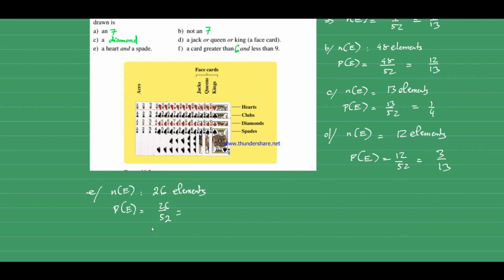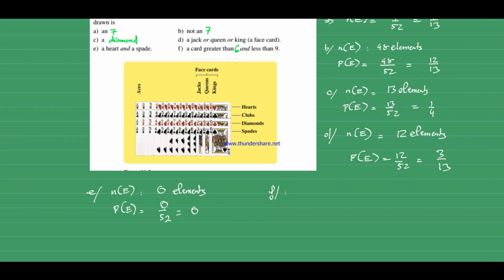We don't have heart and spade, right? I'm sorry. If the question is heart or spade, then we have 26. But we don't have any card that contains heart and spade in one card. So this should be 0, guys. Be careful. So we have 0 probability. We never have any chance of getting a card that has spade and heart at the same time.